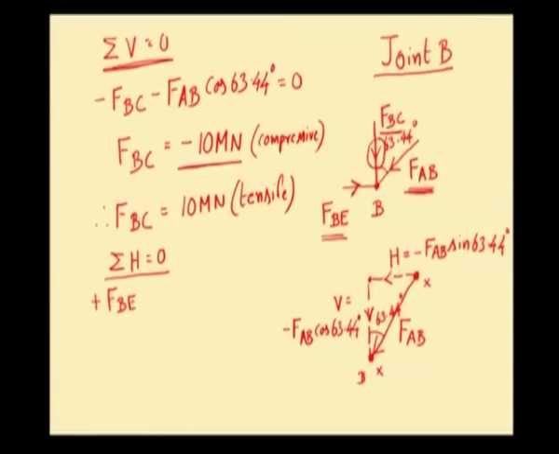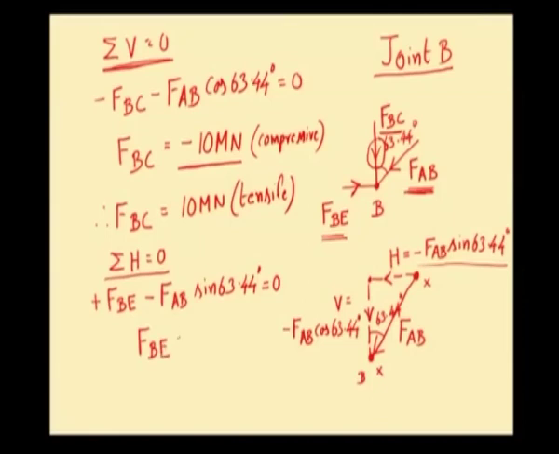Horizontal component of FAB is minus FAB into sine of 63.44 degrees. We shall put that here: minus FAB into sine of 63.44 degrees. This is equal to 0, from which we can get the value of FBE.